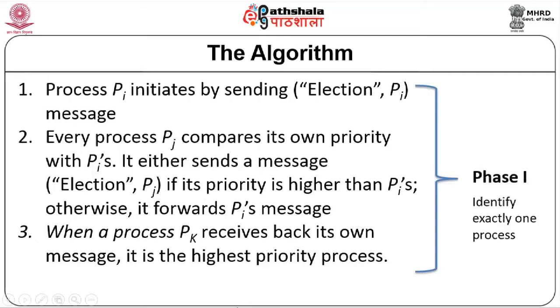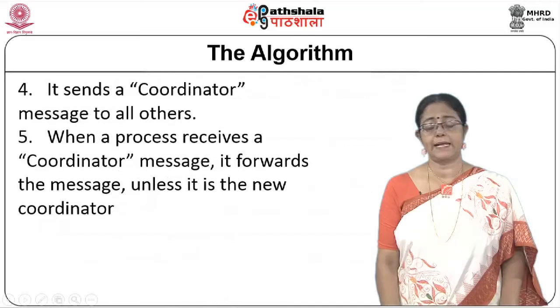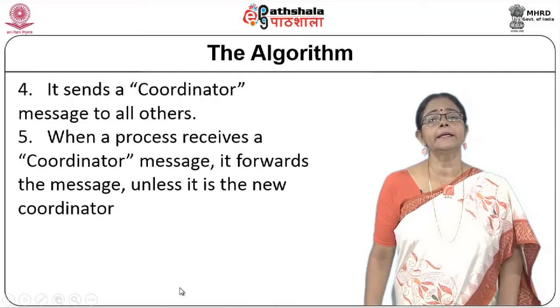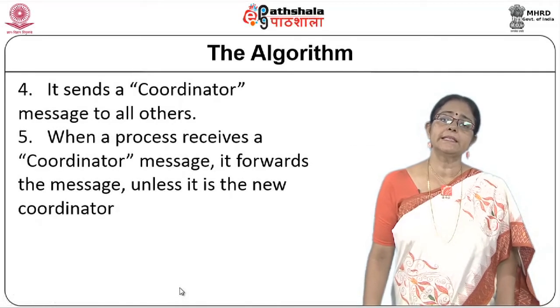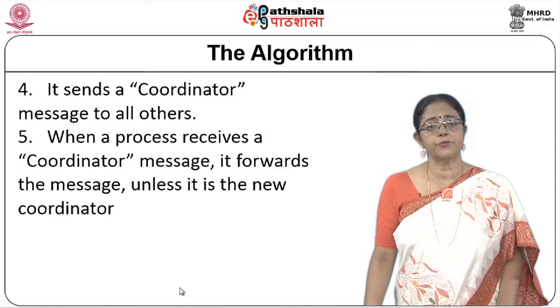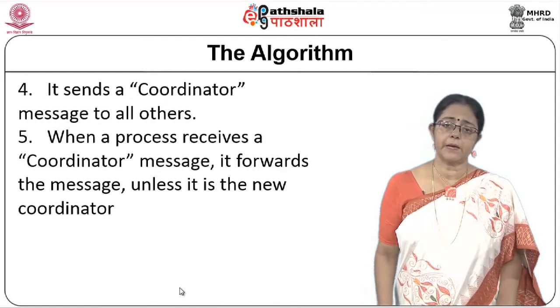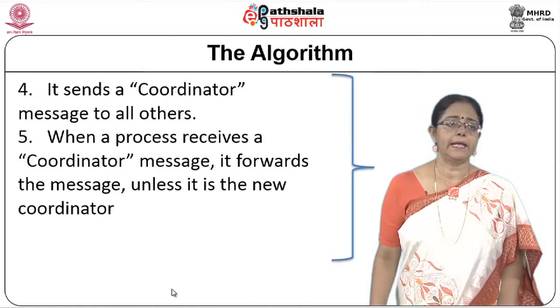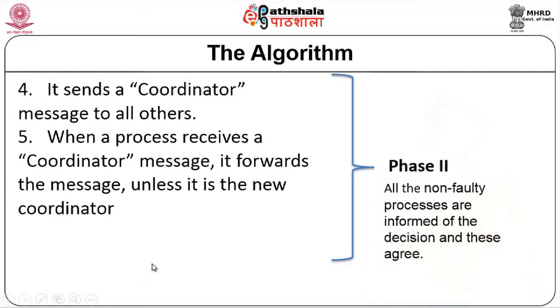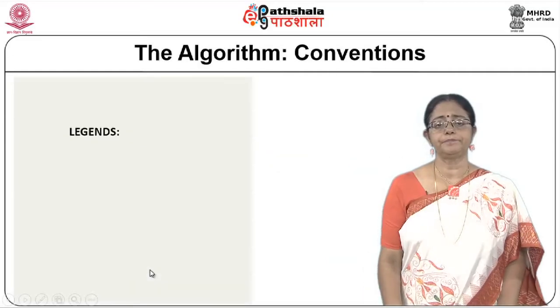These are the 3 phase 1 steps where we identify the specific node which should be the next leader. The next 2 steps, which send the coordinator message and have everybody else forward it till it comes back to the sender, are phase 2 of the algorithm.